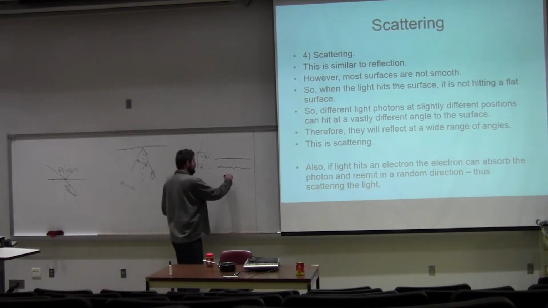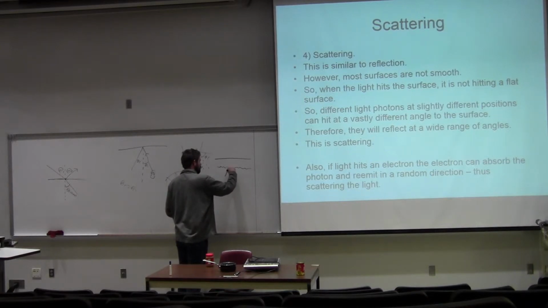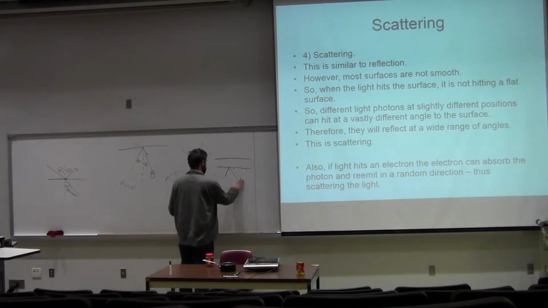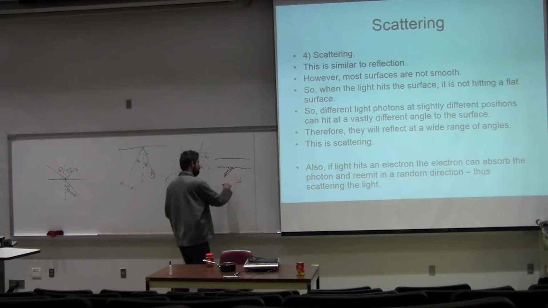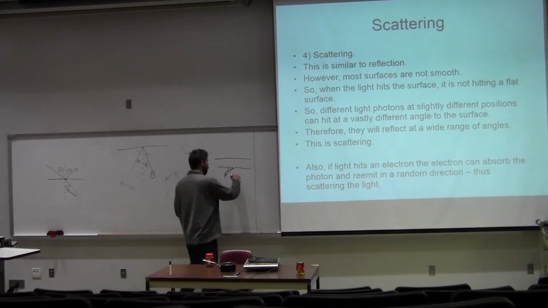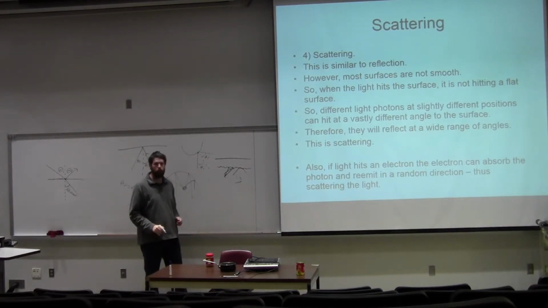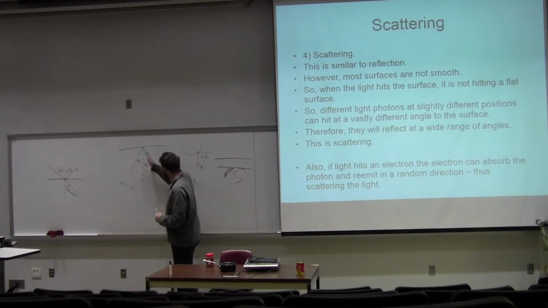And so when they hit the object, sometimes they hit in a good place, they can reflect as normal. But if they hit somewhere else, say they hit here, it might get reflected straight back, or at some weird angle. And so not all of the light will actually come back this way.